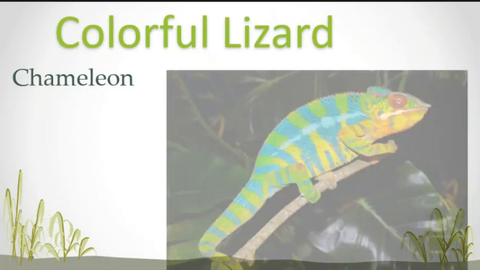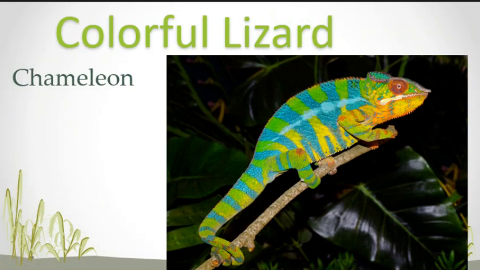All right, the colorful lizard right here, we're going to look at the chameleon. Chameleons are pretty cool creatures. Look at the color of this chameleon. Would you consider that color to be something he's using for camouflage? No. What's he using his color for? Find a mate? Yeah, he's advertising his beauty for a mate.